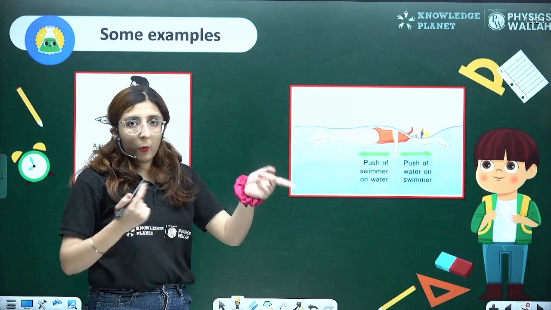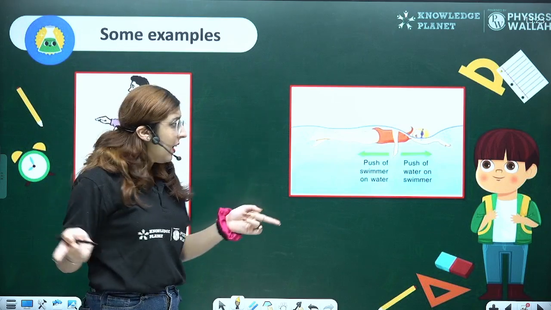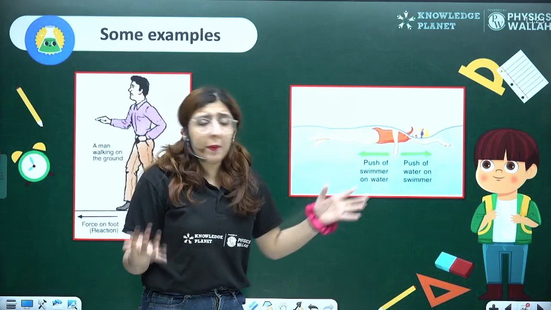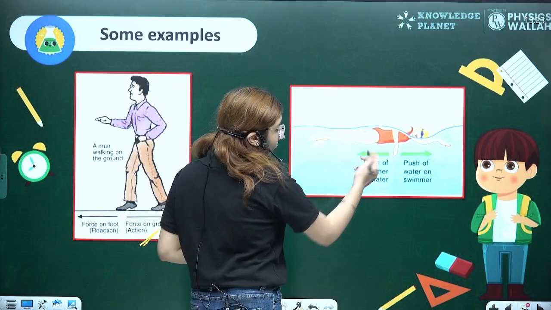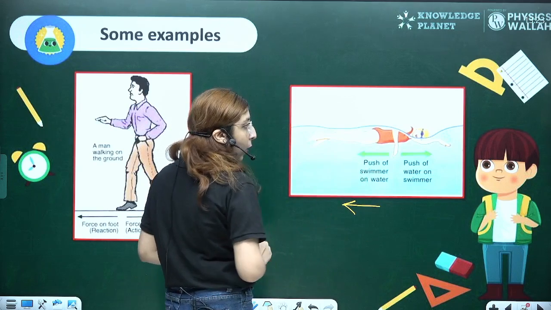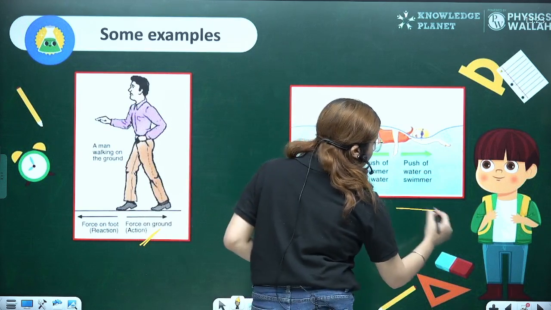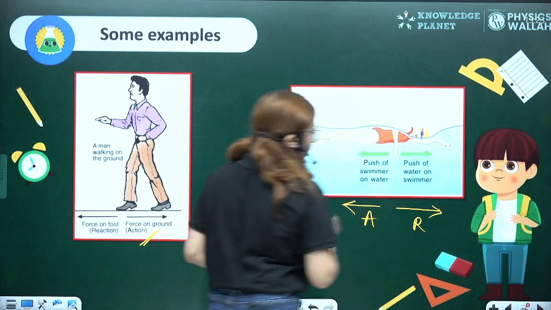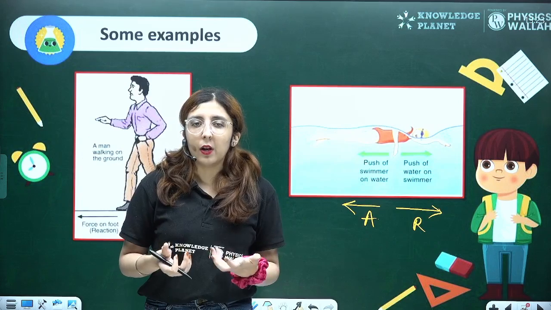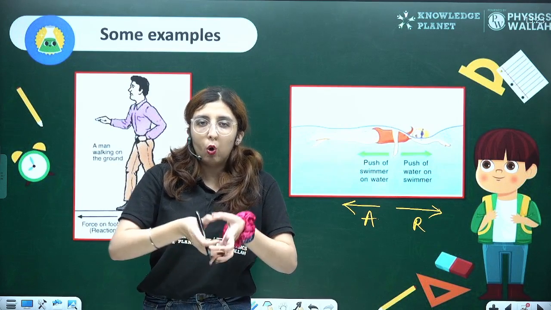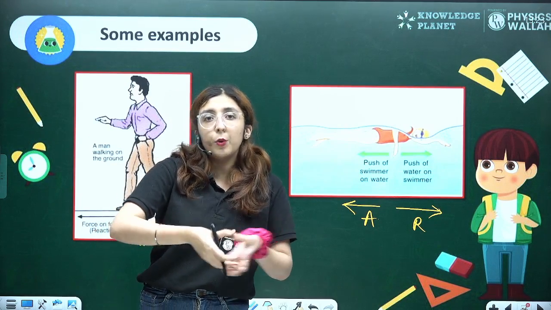Moving forward and backward. Similarly, when you are swimming, the push of the swimmer on water is action, and the push of water on the swimmer is reaction. You probably would have seen firemen holding the water hose, but it is going to move back.